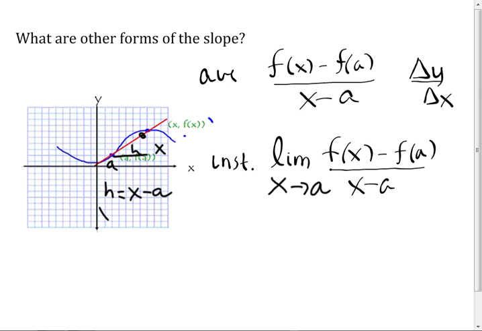You solve for x, x equals a plus h. So if I put in x equals a plus h here, I'm going to get an h in the denominator. There's a plus h. Now it looks like the other form of the derivative. That's it. Sometimes this form is easier to handle algebraically. It just depends.